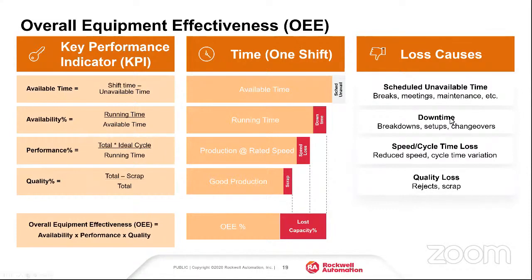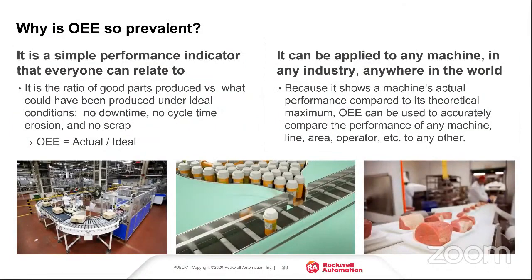Just to give you an example, should changeover time affect my OEE score? Sometimes preventative maintenance or changeover times during a shift do affect the OEE score. So how can you reduce the changeover time? How can you schedule your preventative maintenance?